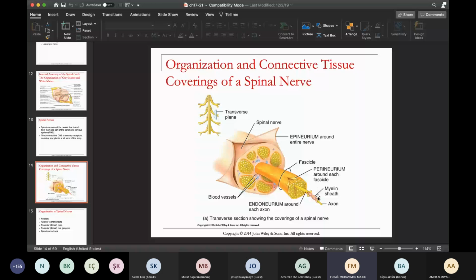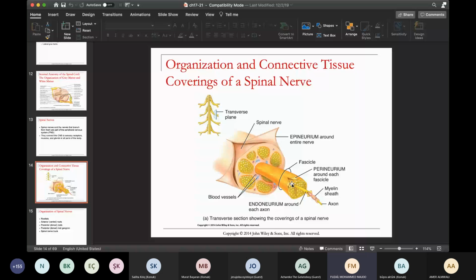And then on top of the axons, we have the endoneurium, okay? These individual axons are wrapped in myelin sheath, and on top of the myelin sheath, we have the endoneurium. Now, when you take bundles of these axons, they get wrapped in a perineurium, okay?